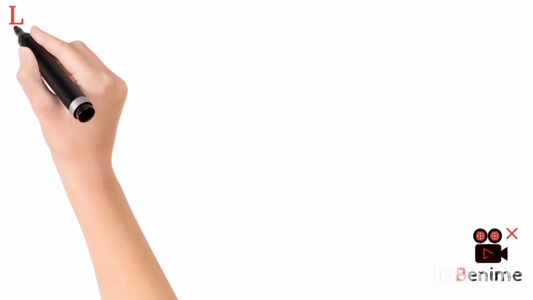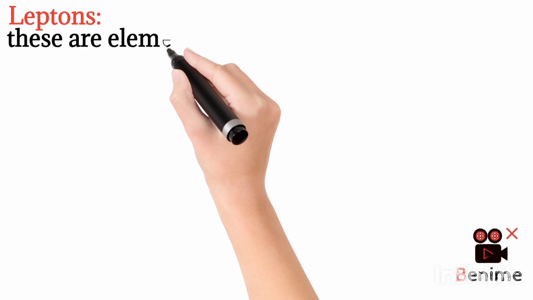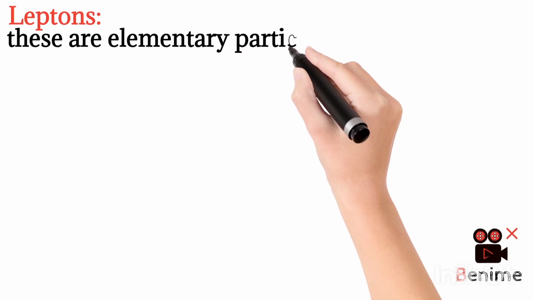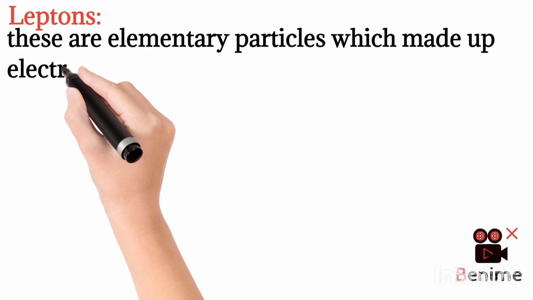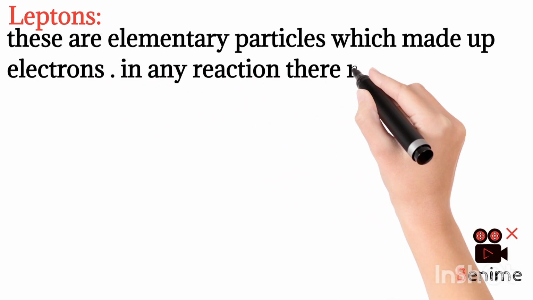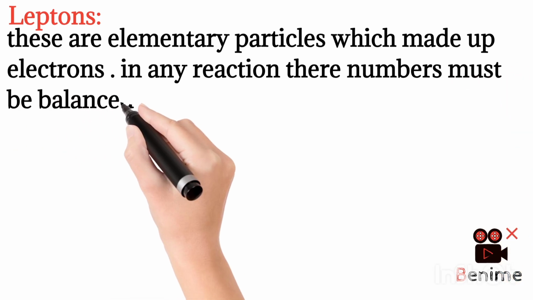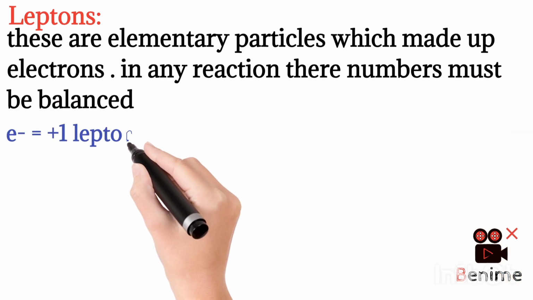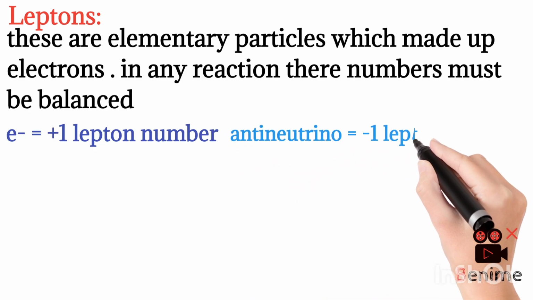The second thing is the presence of leptons. Leptons are fundamental particles which make up electrons and neutrinos. When the electron is created inside beta decay, a lepton number of +1 of the electron is also created, which can be balanced by the lepton number of the antineutrino, which is -1.